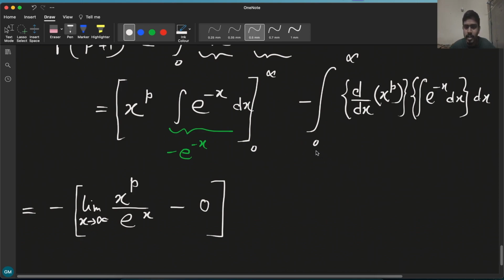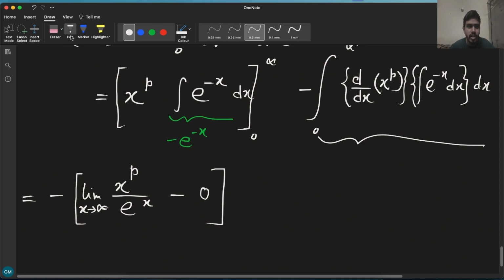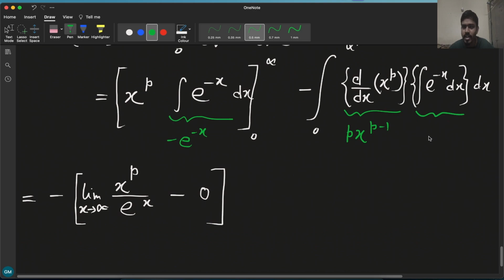And this integral: if I differentiate this first term, then it is p times x to the power p minus 1, and what about this term? It is nothing but minus e to the power minus x.